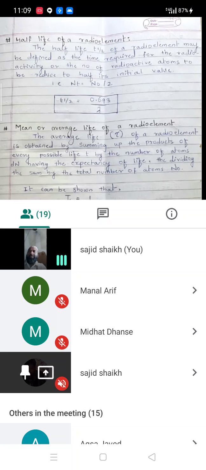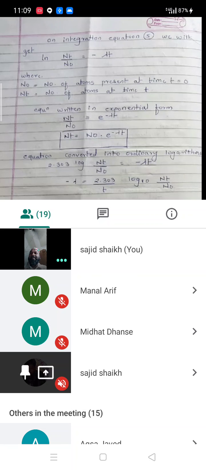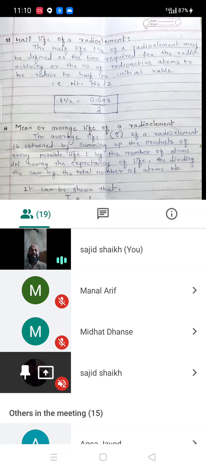When you substitute Nt is equal to N0 by 2 in the equation lambda is equal to 2.303 by t, log N0 by Nt, where t is T half, you will get the simple equation T half is equal to 0.693 by lambda. You got this point? It is very simple. T half itself indicates that the radioactive element disintegrates to half of its initial value.